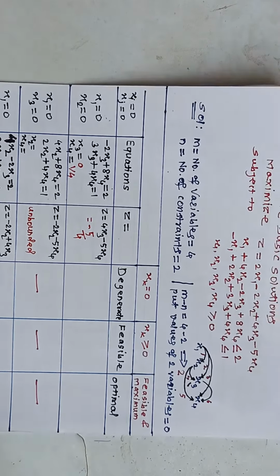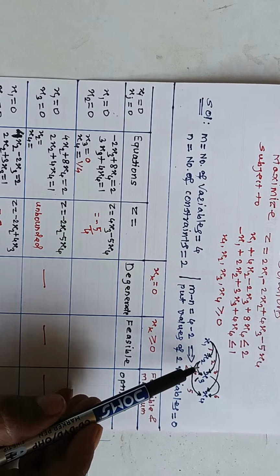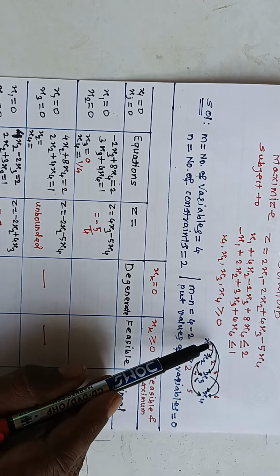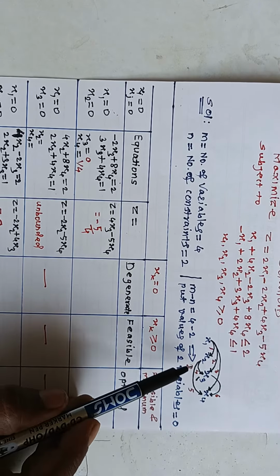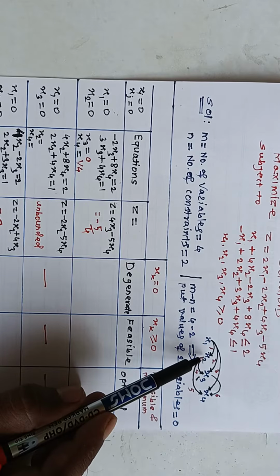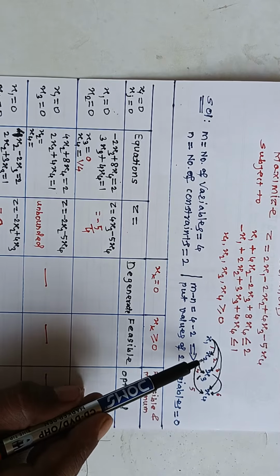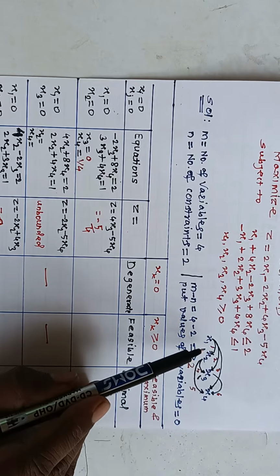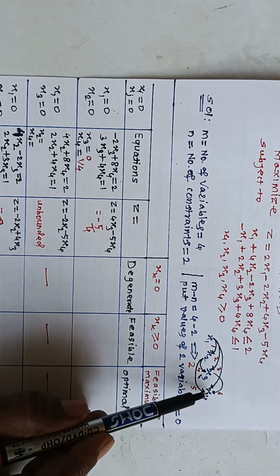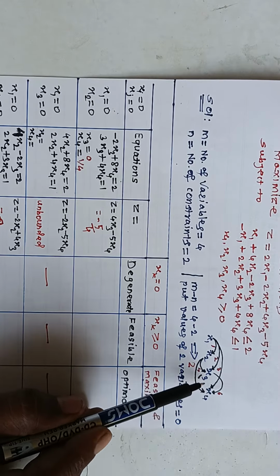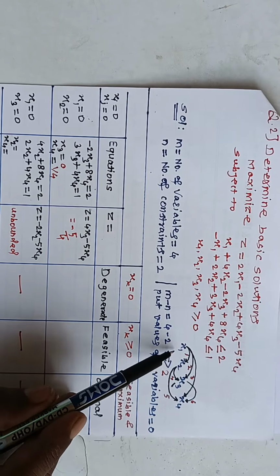And then the fourth way. Starting from x1, those were the previous three ways. Now start from x2 and x3, x2 and x3 are 0. Now x1 and x4 will be non-zero values.